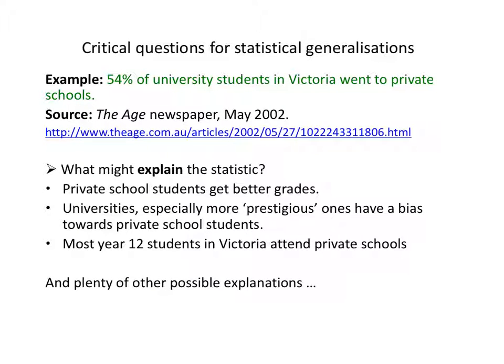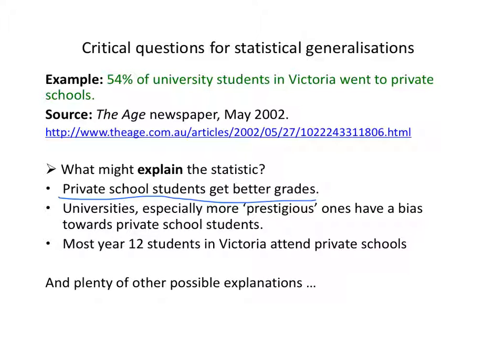Well, here are some possible explanations that might have occurred to you. Private school students get better grades. Notice that is itself a statistical generalisation. It's a correlation. It would say that there's a correlation between going to private school and higher grades. That may or may not be true.